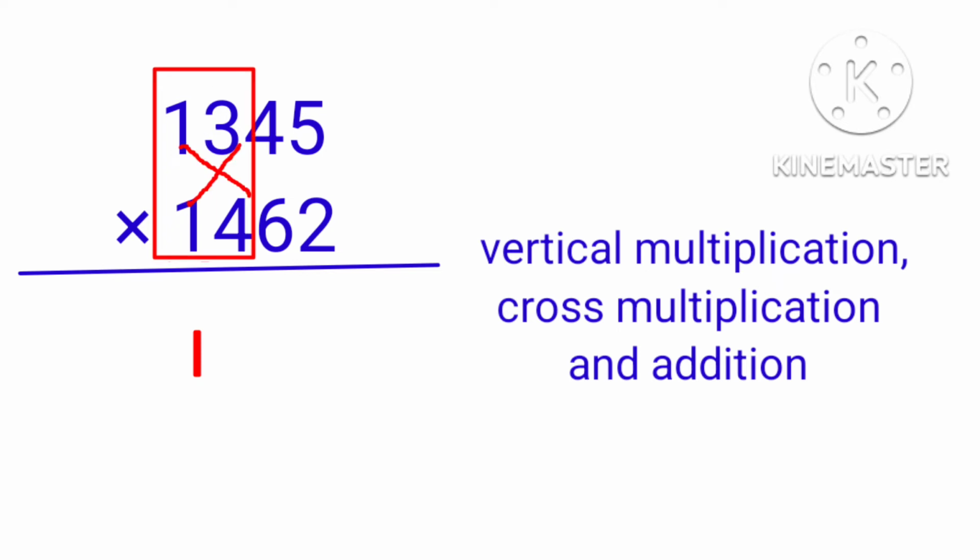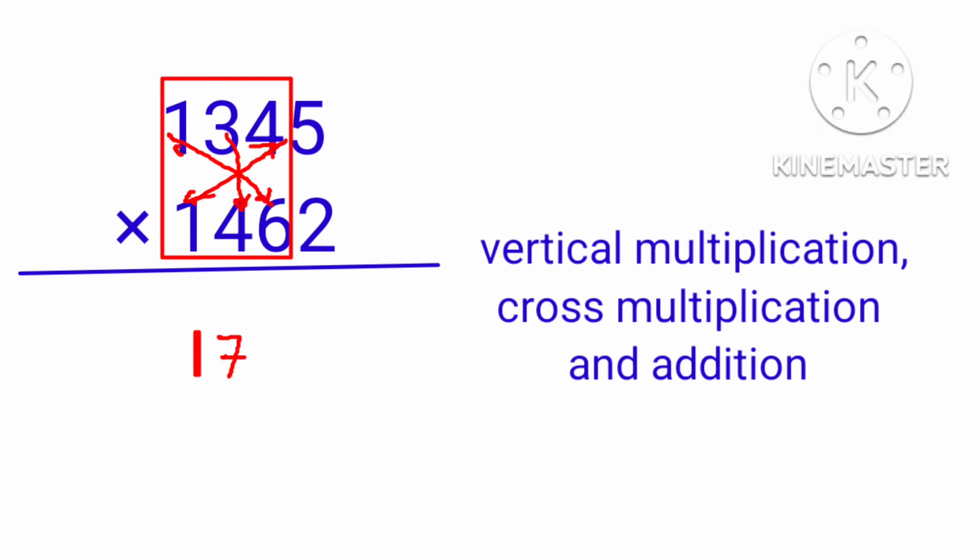Now take 2 pairs, that means 4 digits from the left. Here 1 into 4 is 4, and 1 into 3 is 3, and adding, 3 plus 4 is equal to 7. So write down 7. Now take 3 pairs, that means 6 digits.